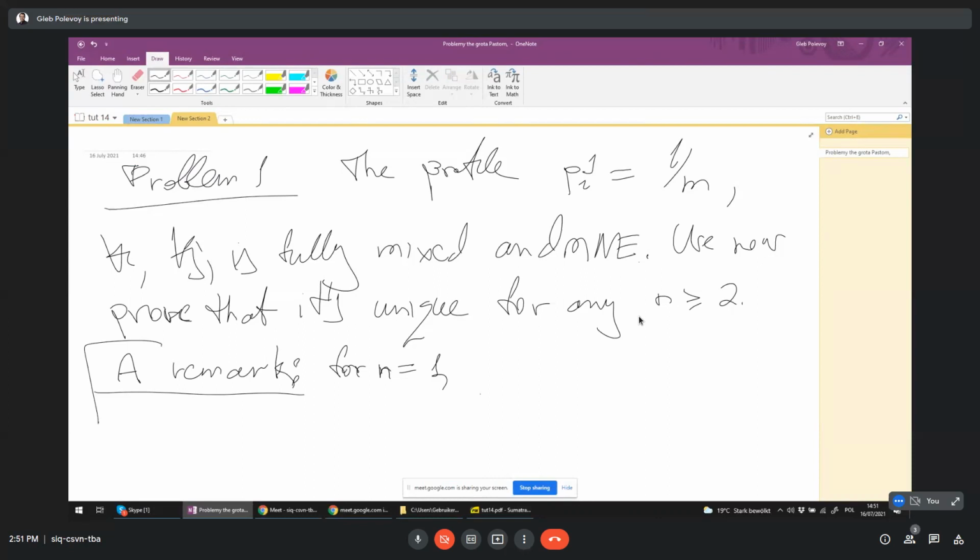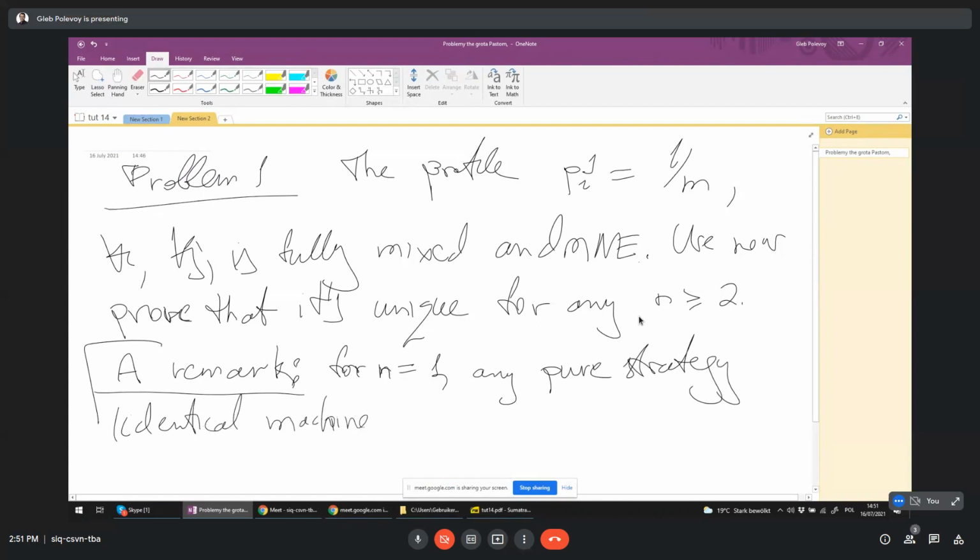Any pure strategy has the same value, and the reason is identical machines, the same utility, whatever we call cost.